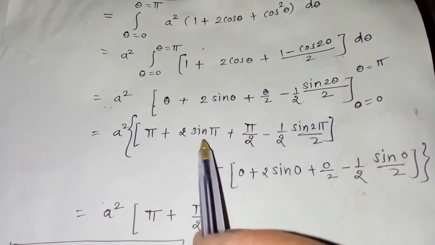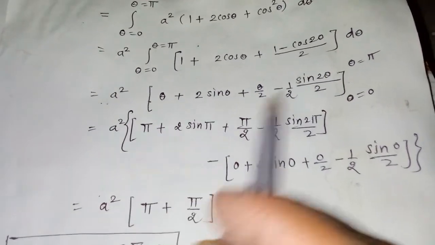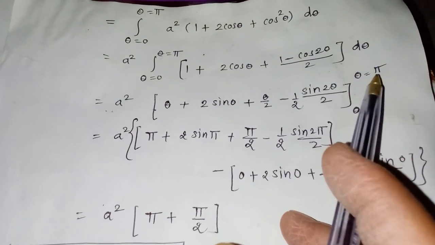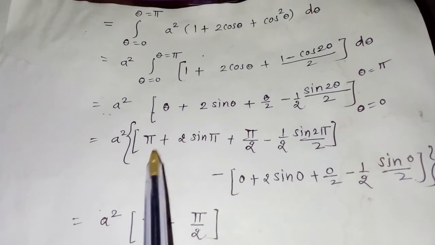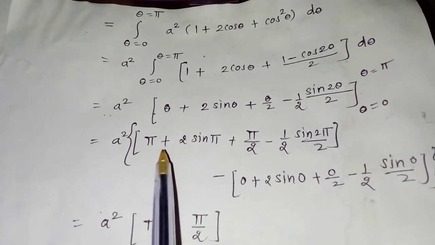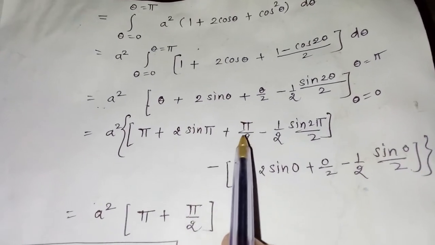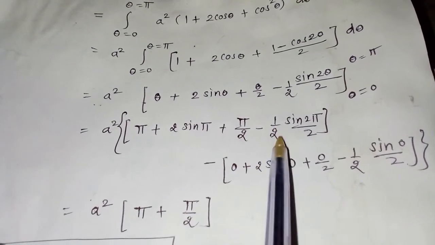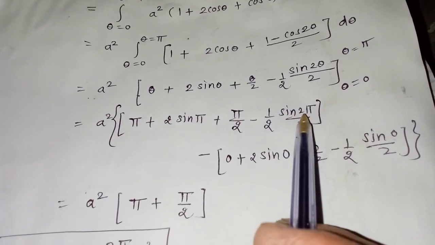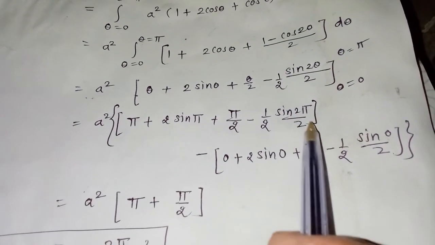In the next step we are putting the upper limit firstly. If I put the upper limit theta equals pi, we will get theta that is pi, plus 2 as it is, sin theta that is sin pi, plus theta upon 2 that is pi by 2, minus 1 by 2 as it is, sin 2 theta that is sin 2 pi upon 2.